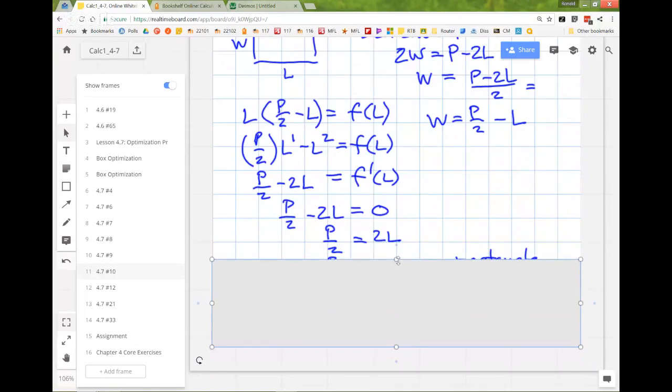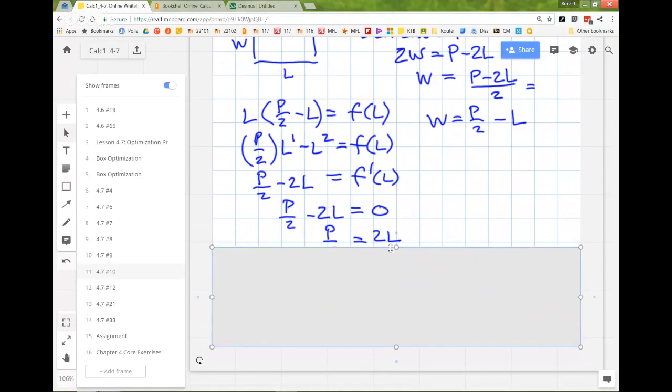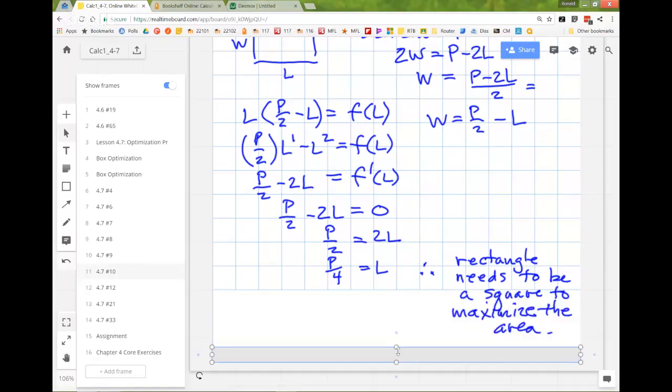You want to find out what? Yeah, you want to find out the length. So we put 2L by itself. We divide both sides by 2, and we find out that the length needs to be P over 4. Think about what that means. I wrote it out here.